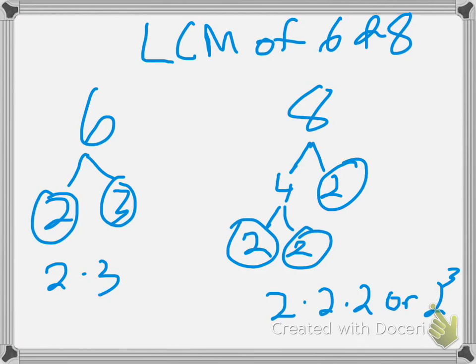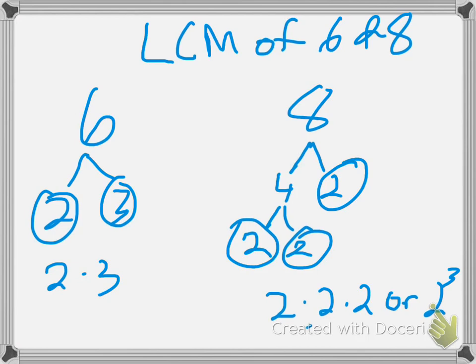So I look at these two numbers here and their prime factorizations. 6 has 1 2, but 8 has 3 2's. So in order for us to find that common multiple, we have to have at least 3 2's being multiplied together. So another way to say 3 2's, 2 times 2 times 2.